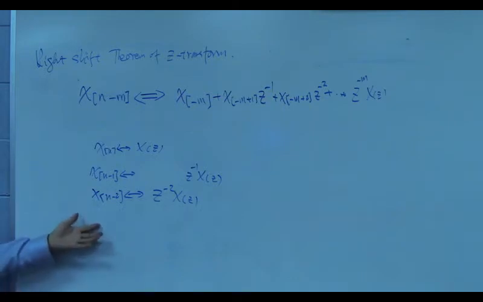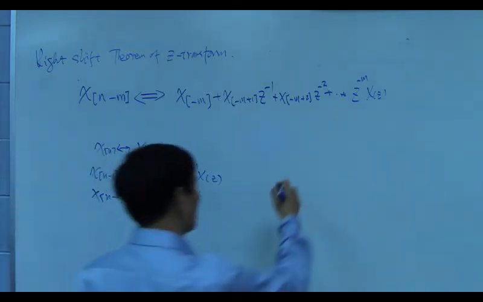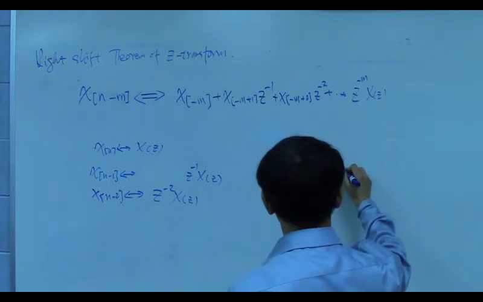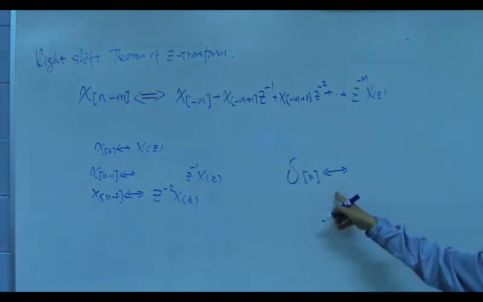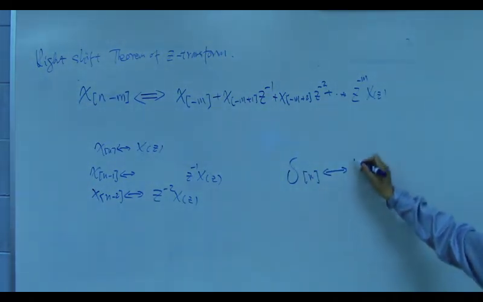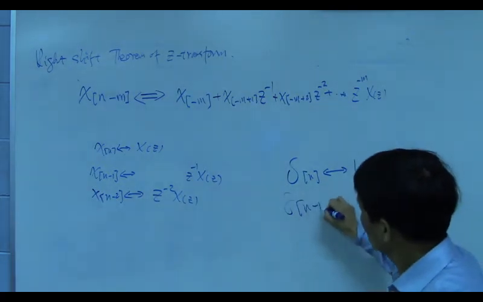Actually, this is a property we discussed for the Z transform in the previous lectures. Remember what this one is? It's 1. What is this?